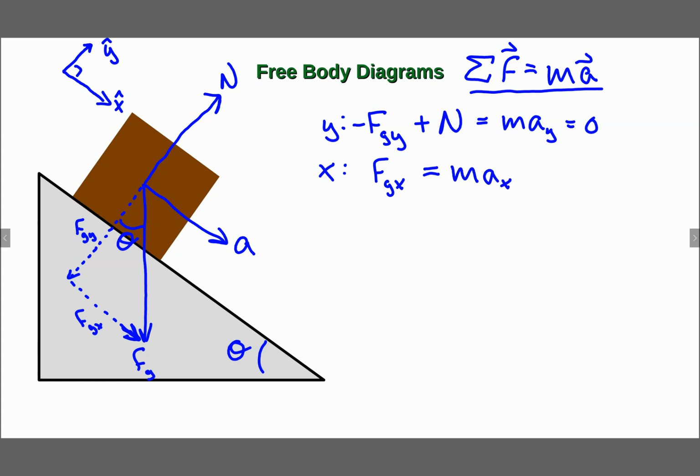But a points directly along the x direction in this example, so I don't even need the subscript. I can just say it's ma. And now if I want to know what a is for this no friction example, I now have F_gx over m. And it's really that simple. It's in the x direction.